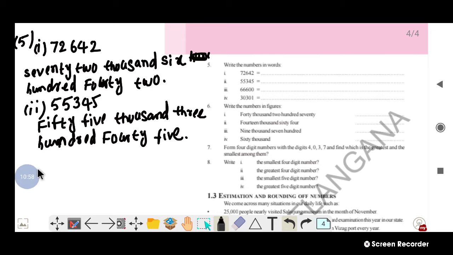Okay na? So in the third question, just one minute. What is the third question in that? 66600. Is it right? 66600.